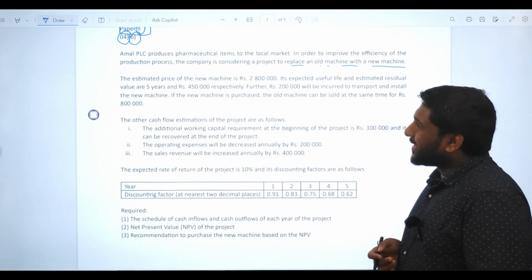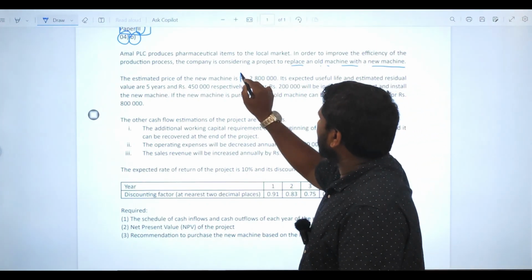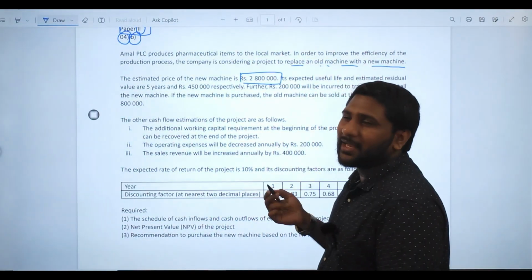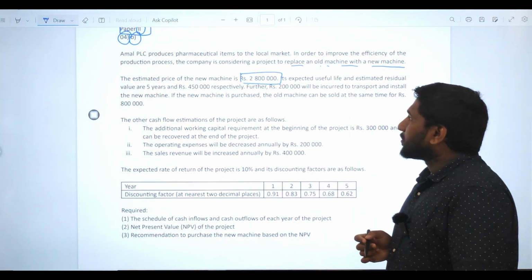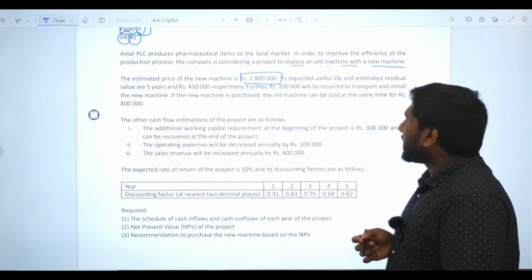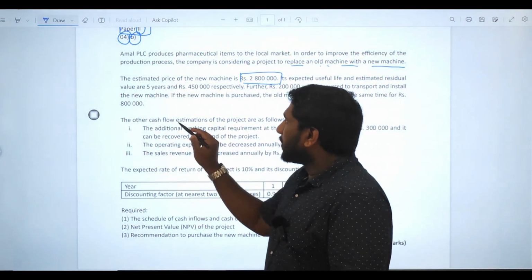And what they have given, the estimated price of the machine is 2,800, if not 2.8 million, 2,800 without zeros, I say. So here 2.8 million, its expected useful life and estimated residual value.